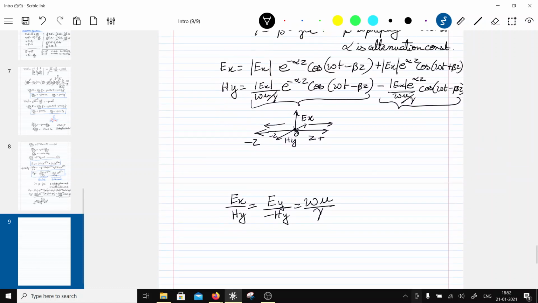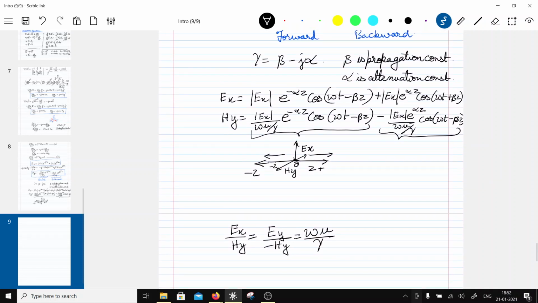Now let us assume, so how is it going to be? These waves are going to be this way. So let's consider the forward traveling wave, right? If there is an alpha, this will cause the E wave to keep attenuating as it goes along the z direction, right?